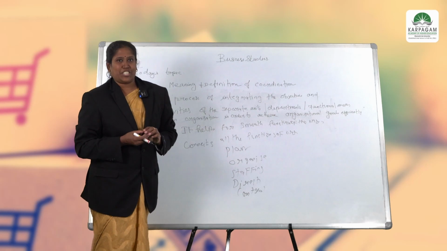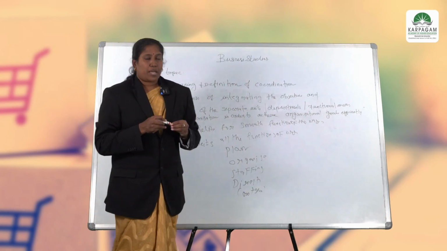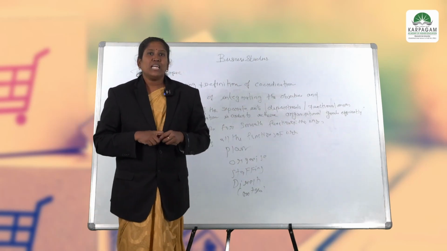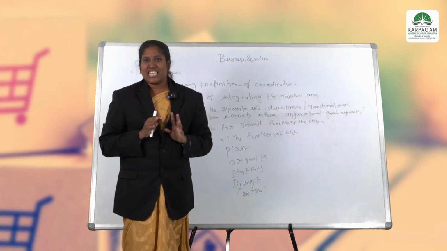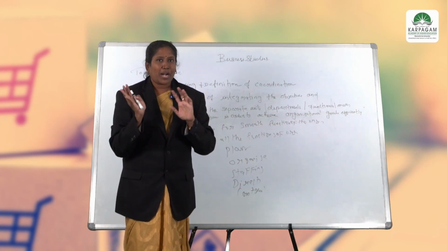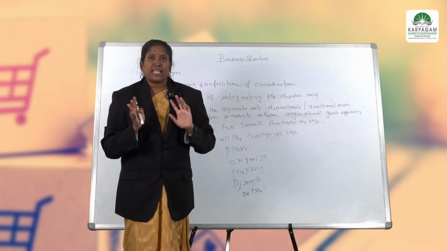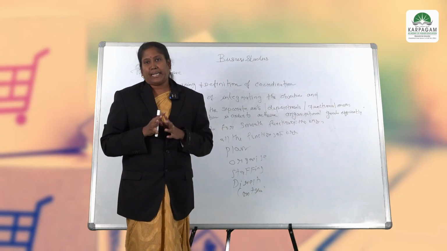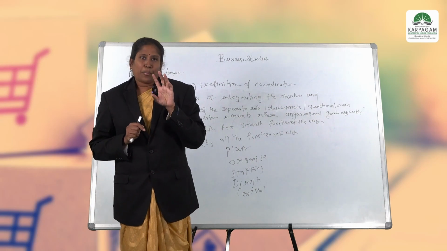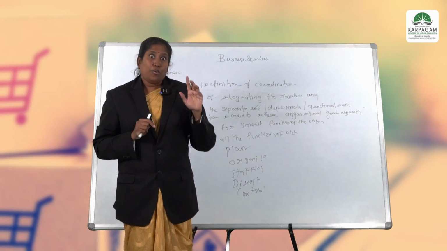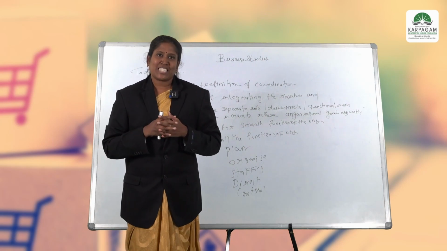Let me give one example. In an organization, we take two departments, the production department and the sales department. Both are related and interconnected. If the production is very high, what will be the consequence?